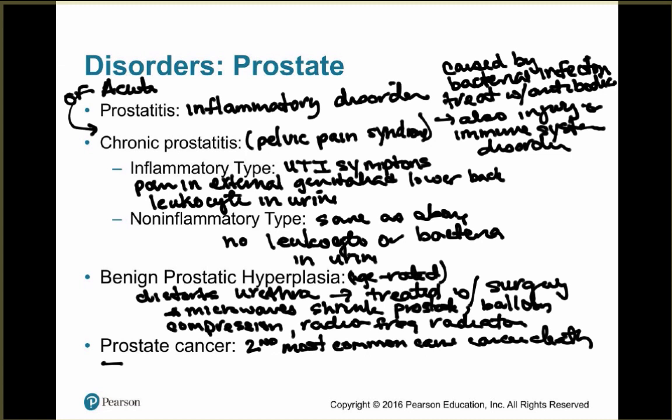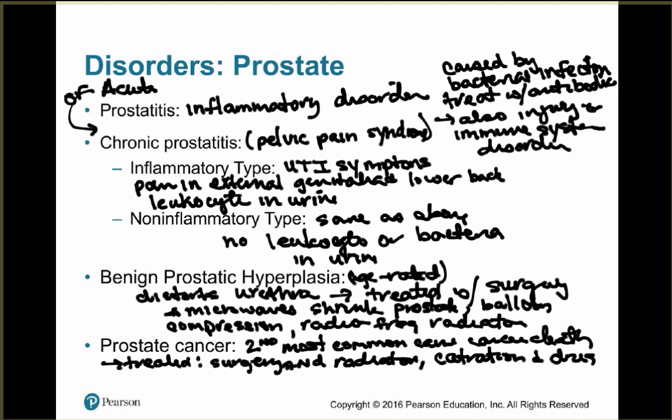It's treated by surgery and radiation, castration, and drugs.